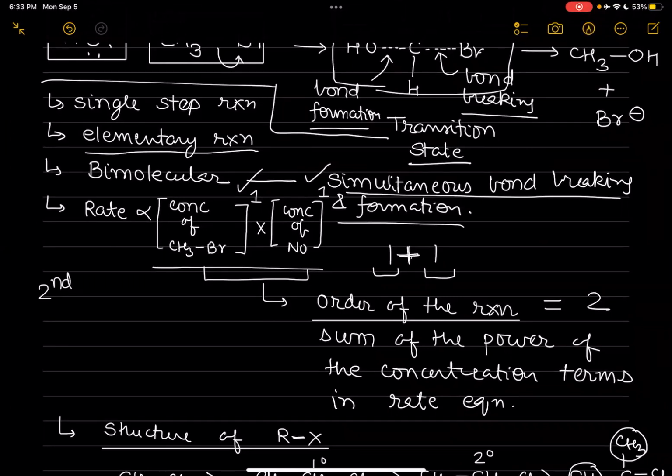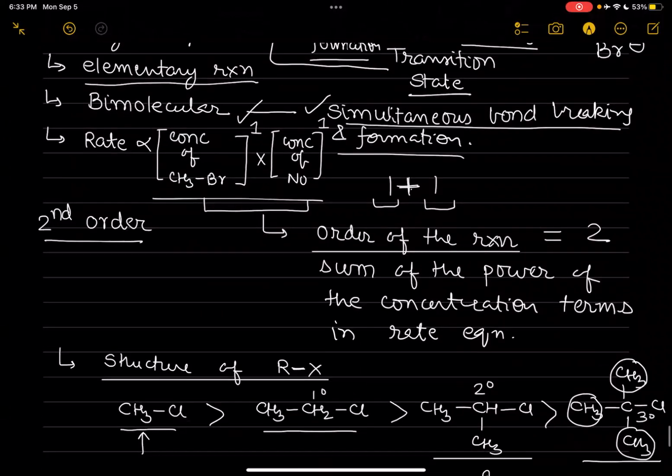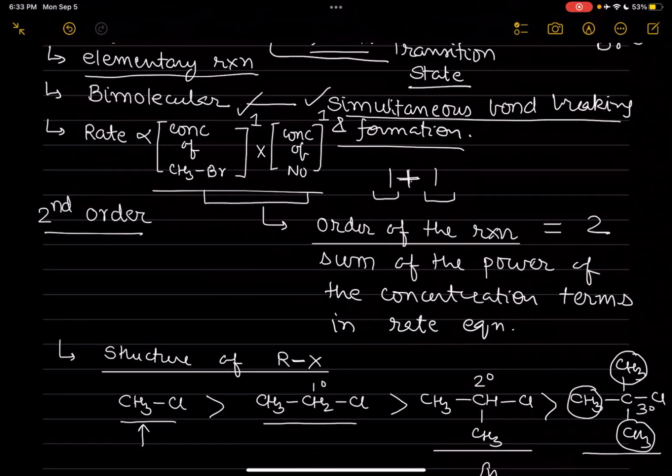Anushka, what do you mean by second order reaction? Tell me. Why is SN2 second order? Now, why is the SN2 reaction a second order reaction? Why is the speed of the reaction called second order?